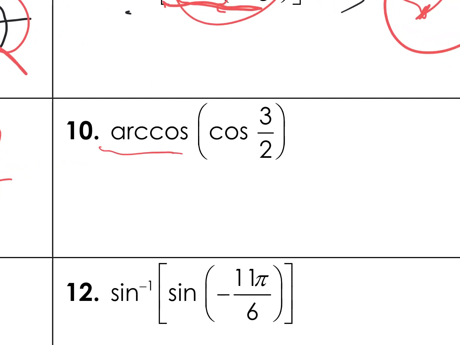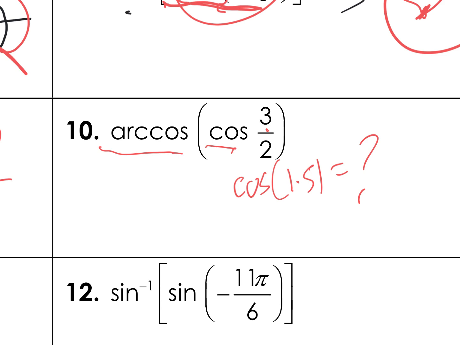Our cosine of cosine, we want to cancel it out and say the answer is 3/2, but let's be careful. First, can I take the cosine of a 1.5? You're going to find out that your calculator has no problem with this.